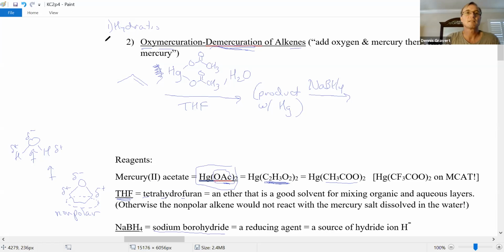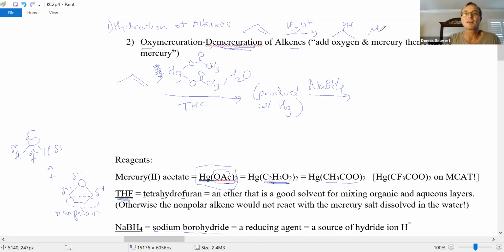Hydration of alkenes was where we took, let's take propene, and we took hydronium or some other form of hydronium as a reagent, H2SO4 with water, and we added an alcohol.